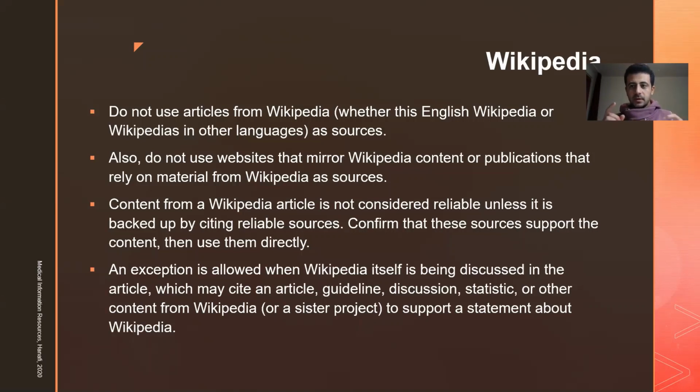Wikipedia can only be cited when you are working on a project that talks about Wikipedia. For example, you ask whether Wikipedia provides wrong or correct information about something, and you compare Wikipedia to something else and say there are differences, something is wrong.